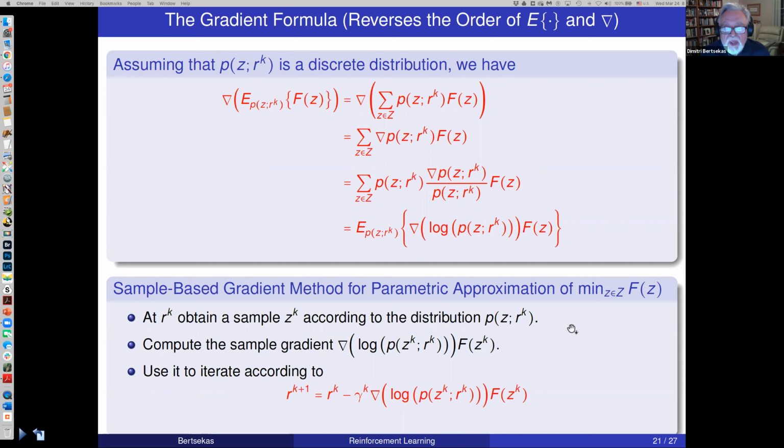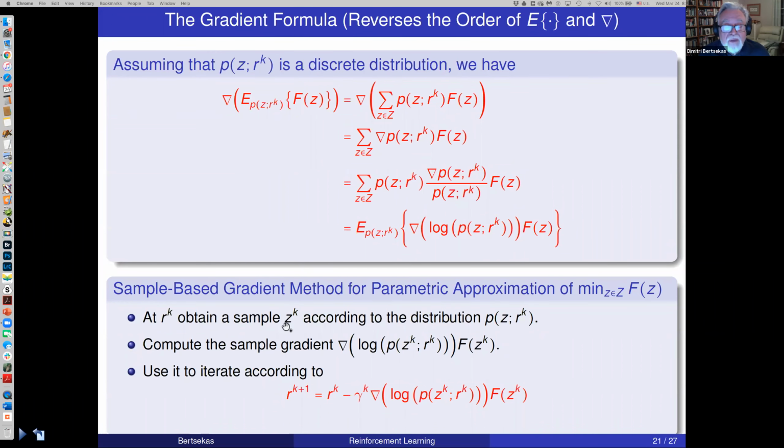So what we do here is, at the given point Rk, we are going to generate a new point, Rk plus 1. How do we do that? We obtain a sample Zk using this distribution at the current value of parameters Rk.